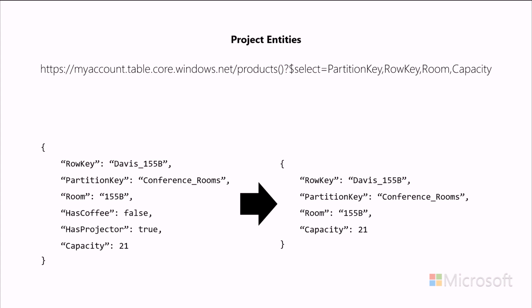And you may say, well, this is a simple example, but all you have to do is extrapolate this example out. So maybe this entity, instead of having 78 key value pairs, it has 67 key value pairs. Maybe you're returning thousands of entities instead of maybe one entity. All of a sudden, it's exponential, the amount of savings you get by projecting to just the properties you need. And maybe you're filtering on a partition key.